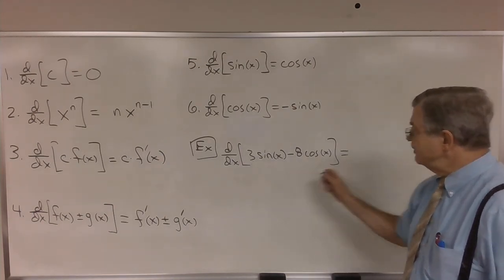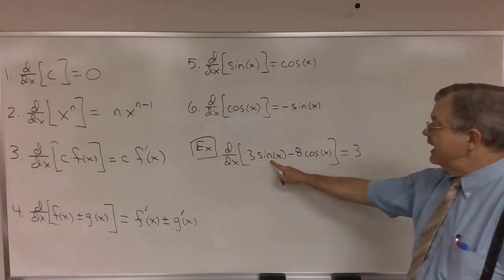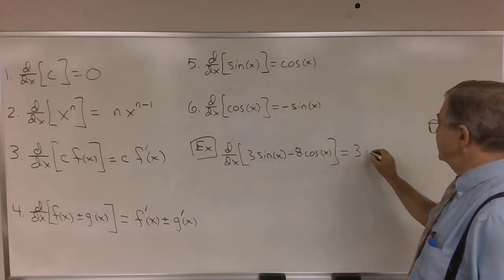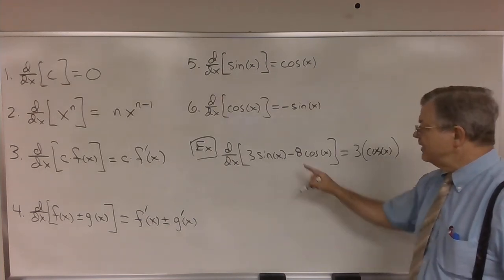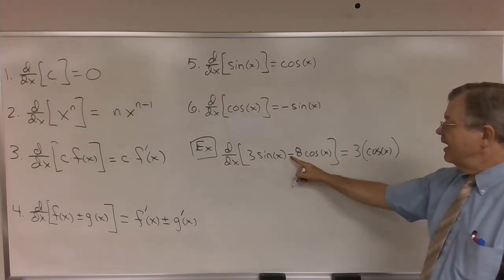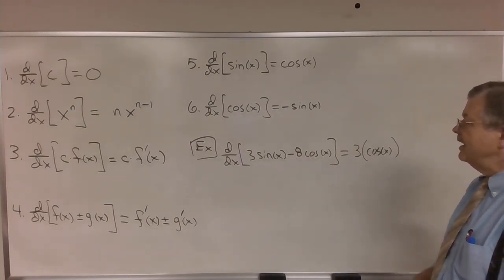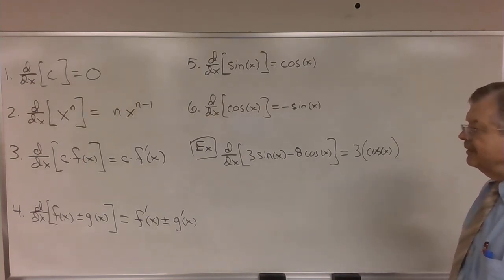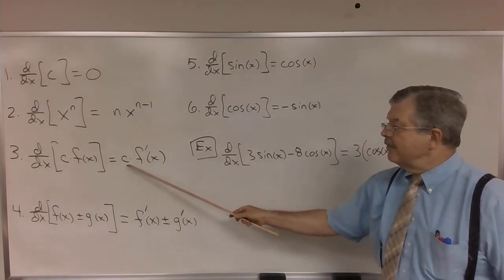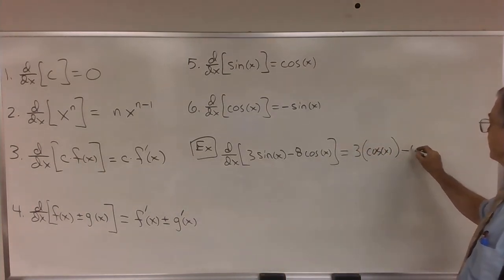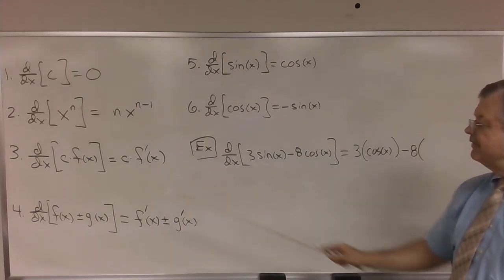I'm going to write the constant down, then I'm going to compute the derivative of sine of x, which is cosine of x. I'm done. Now I move on. I have the derivative of -8 cosine of x. It's a constant times a function. And to compute the derivative of a constant times a function, I write the constant down, and then I compute the derivative of the function.